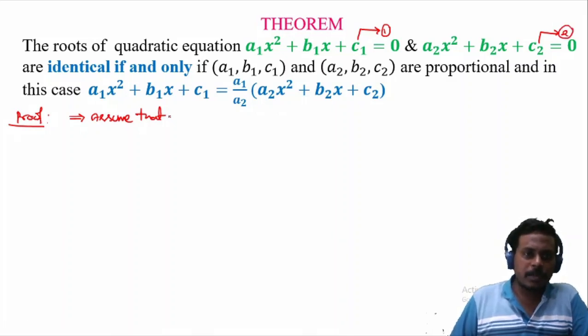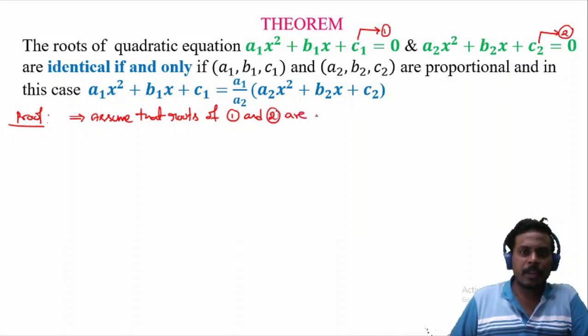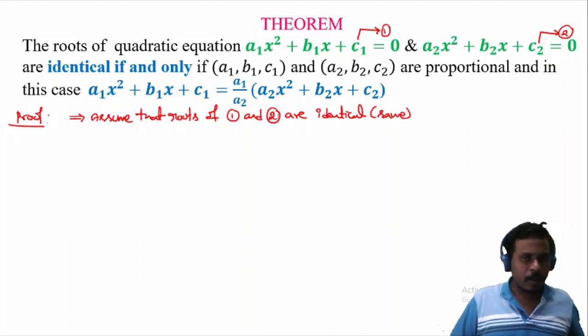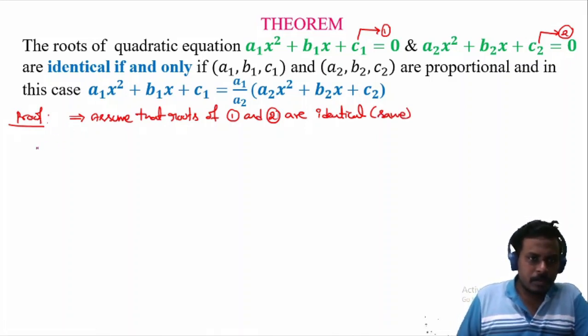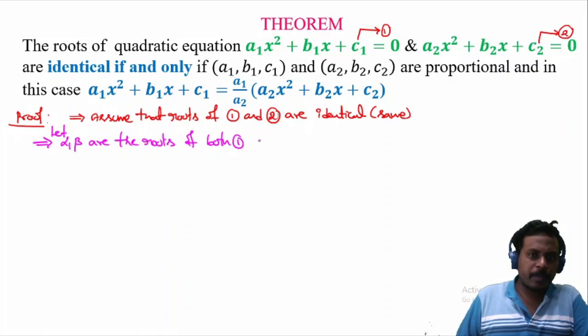Assume that the roots of equation 1 and equation 2 are identical. Identical means both are same. So we let alpha comma beta be the roots of both equation 1 and 2.